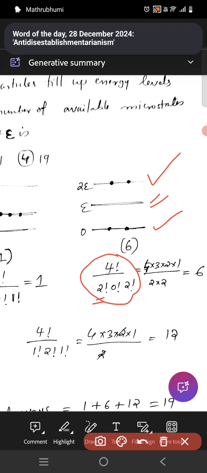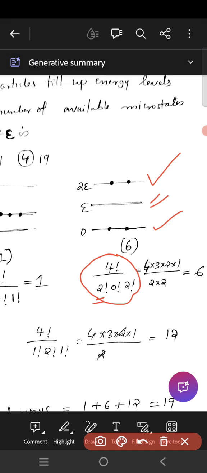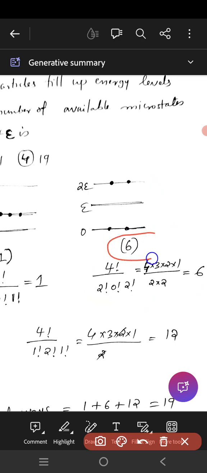So the number of microstates is 4 factorial over 2 factorial, 0 factorial, 2 factorial, and when you calculate it, you get 6. So the number of microstates possible for this configuration is 6.